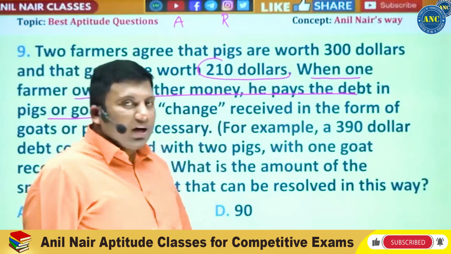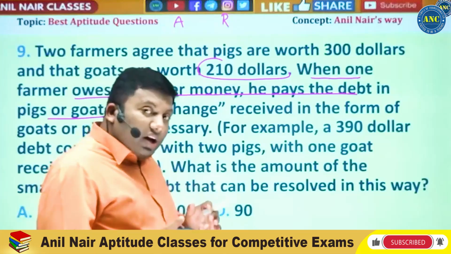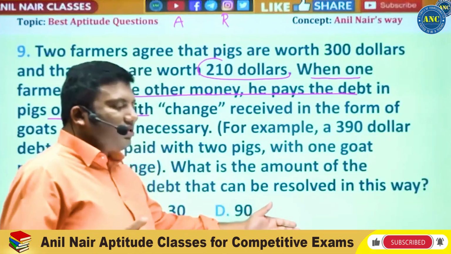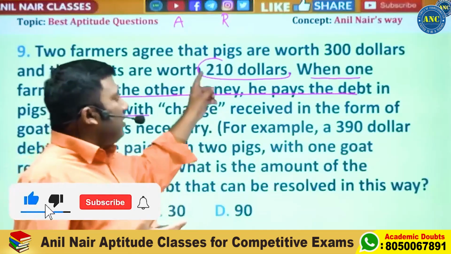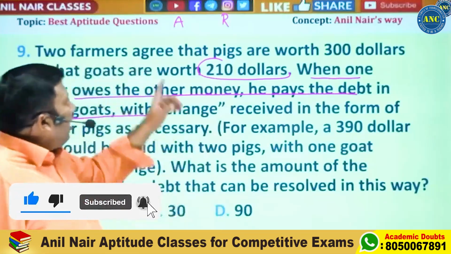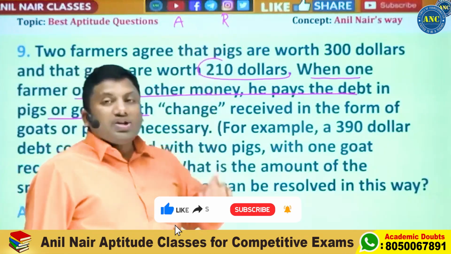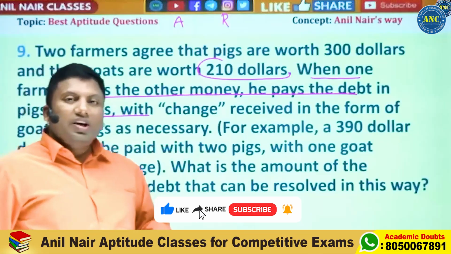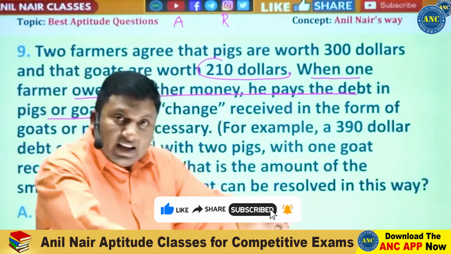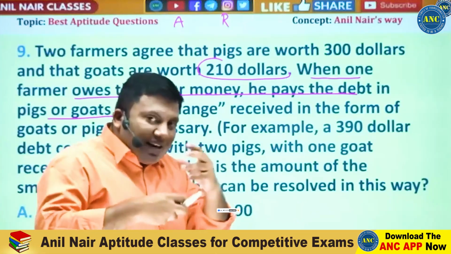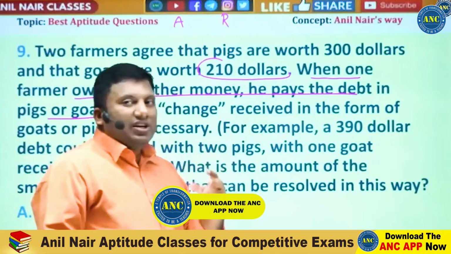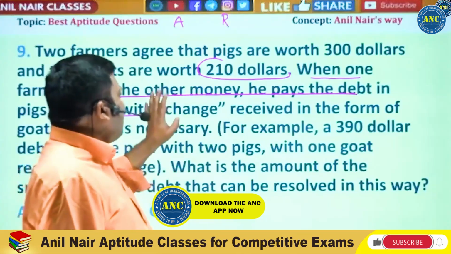Instead of giving $210, she says, please take this goat, because the goat is worth $210. If Anil owes Reshma $300, Anil will say, please take this pig, which costs $300. So every amount they exchange is paid with pigs as well as goats.